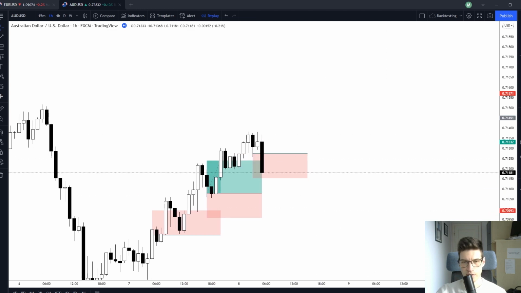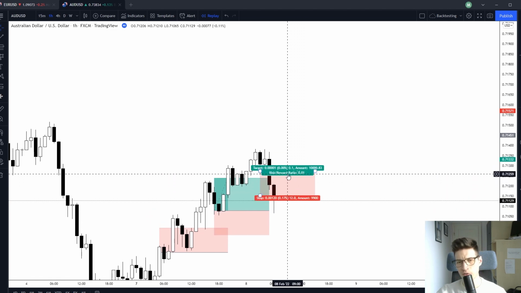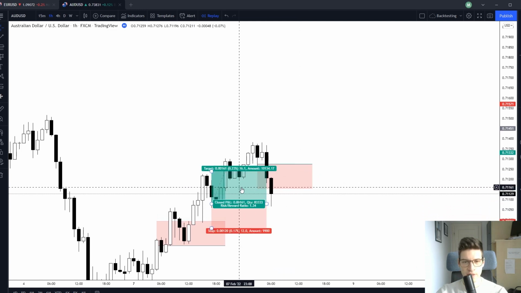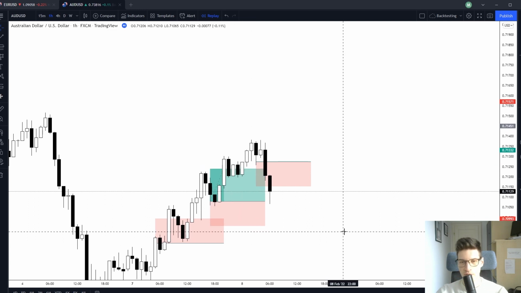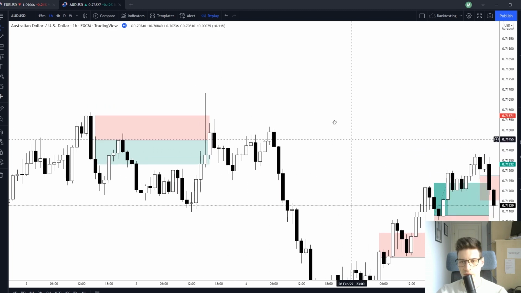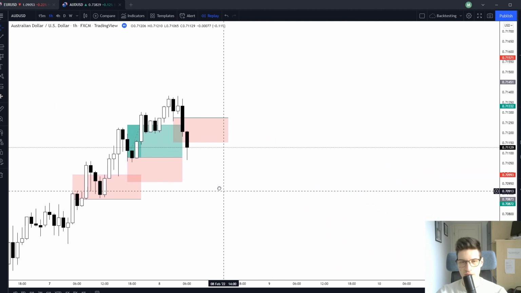So I placed a pending long order and then actually got tagged out for a 1 risk unit or 1% loss, and right here I made 1.3% on this trade, so 1.3R win. So to sum up, this was a small win, loss, another win, and then another loss.